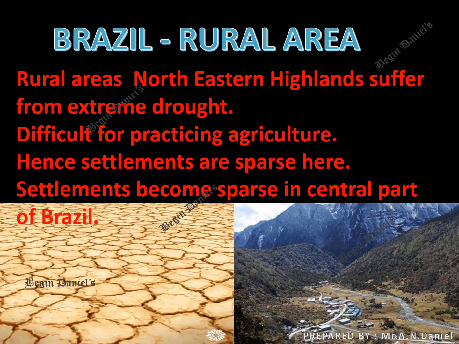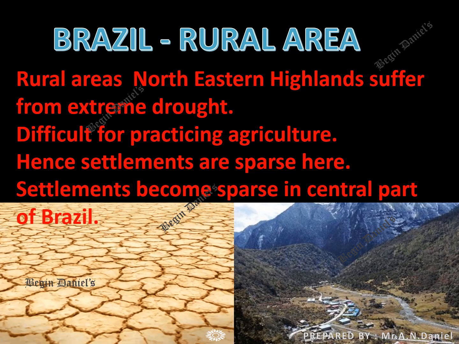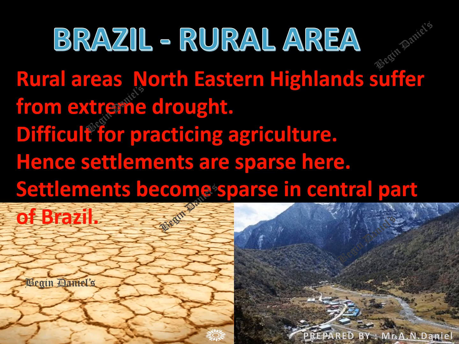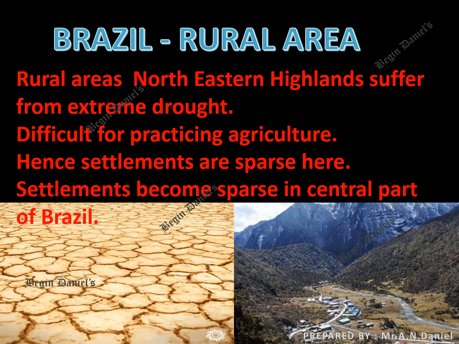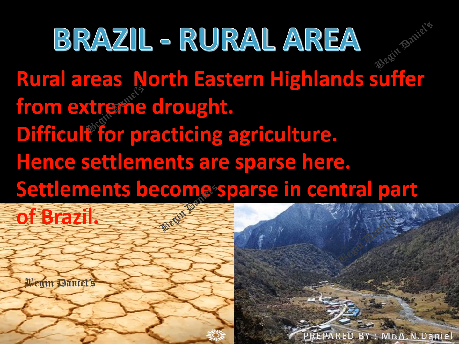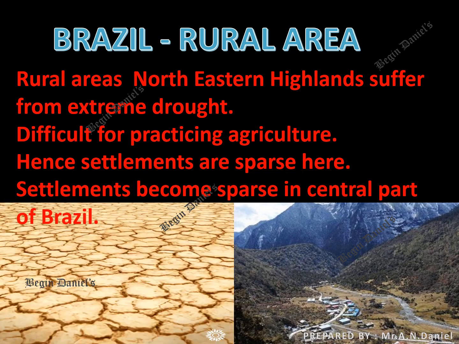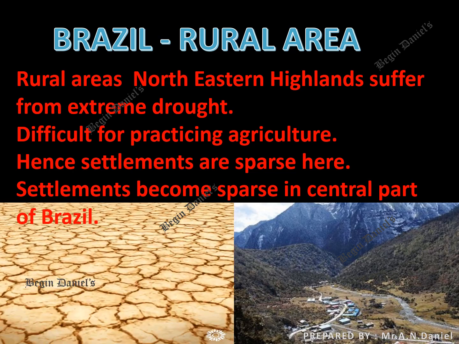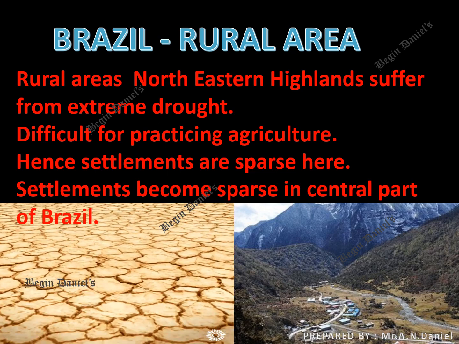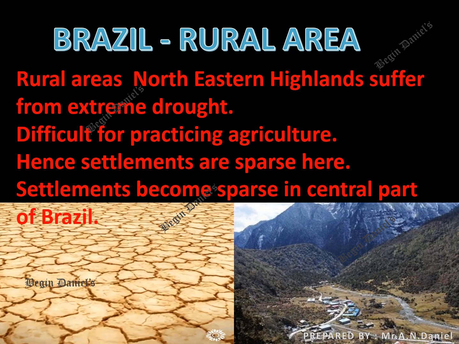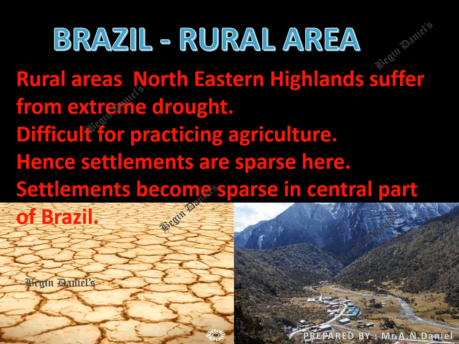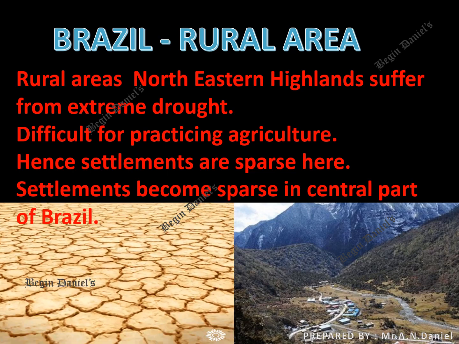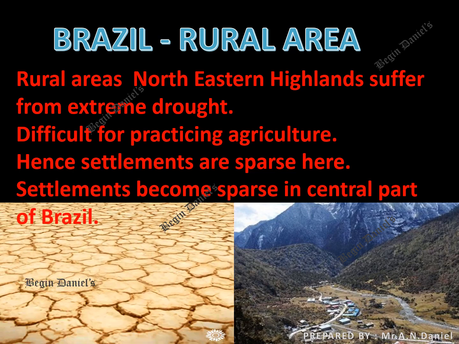What about the rural areas in Brazil? If you go to the northeastern highlands, there you can see the rural area. Why? Because this northeastern part experiences extreme drought. That area is called the drought quadrilateral region. So that is why it is not developed. It appears like a rural area.